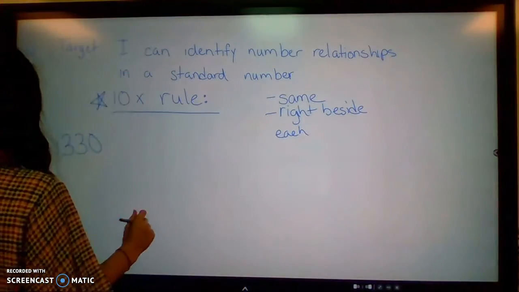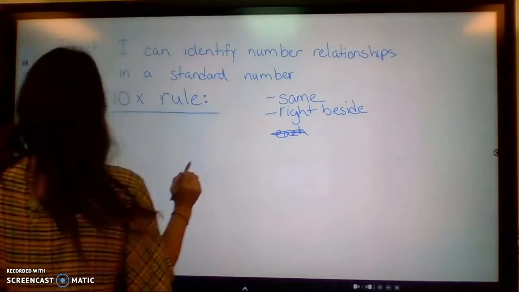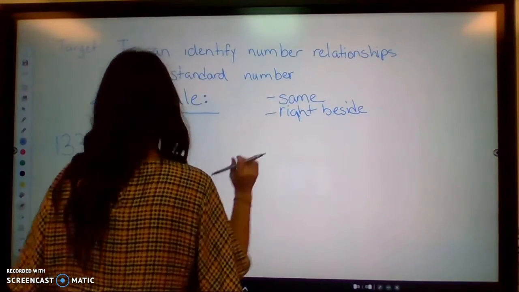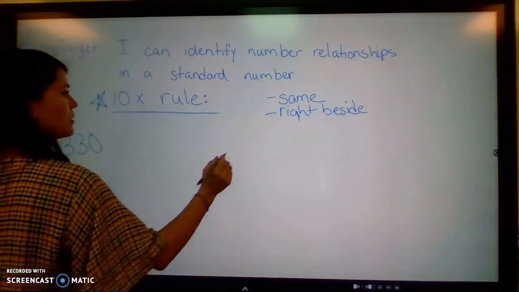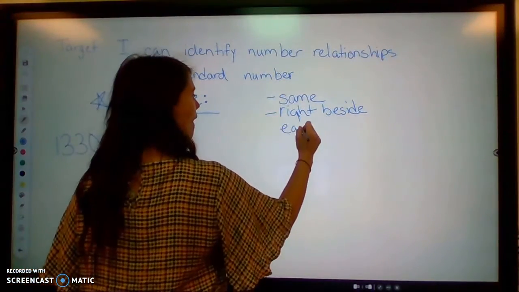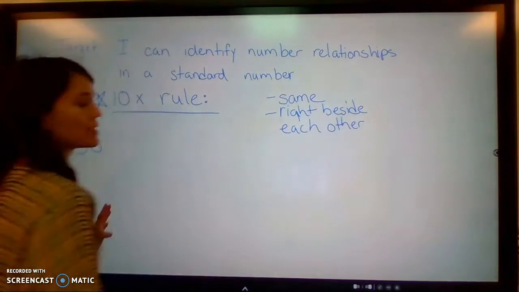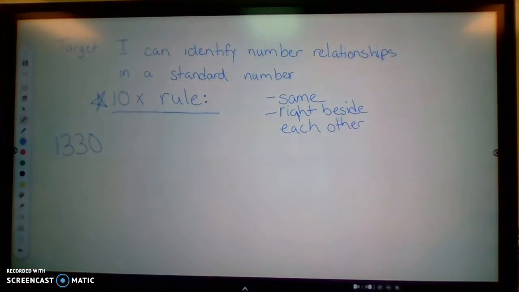Let me erase that so you can read it a little better. So we have a number over here, and we'll see if it has any numbers that follow our 10 times rule. So we have 1,330.